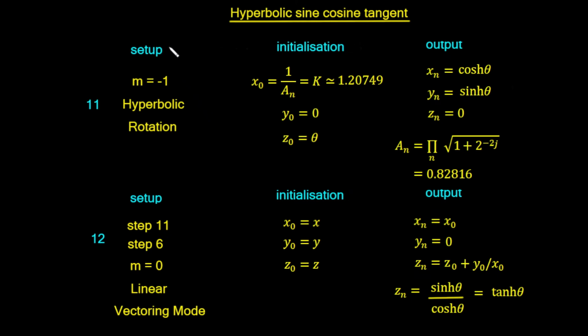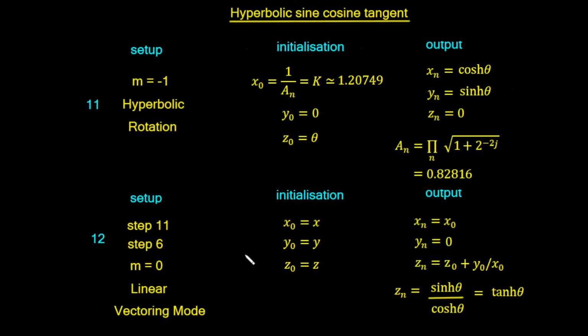So the setup in order to generate the cos theta and the sin theta is m equals minus 1, so this will give us hyperbolic, and we're going to use this in rotation mode. We set up our x0 equal to the value 1.20749, and the outputs xn and yn will give us our cos theta and our sin theta.